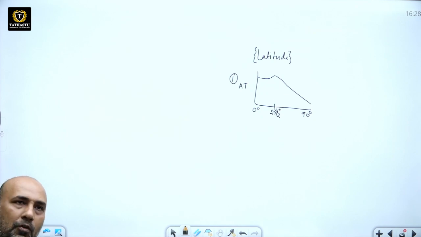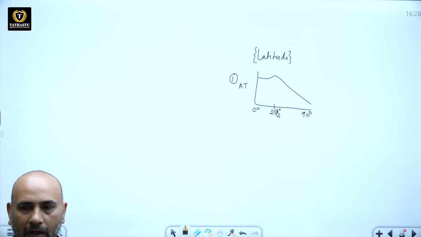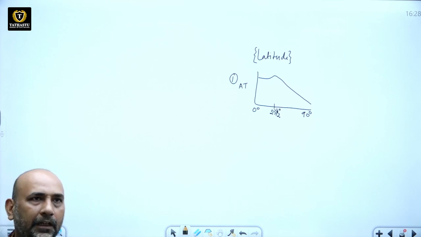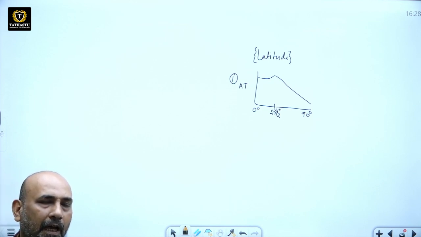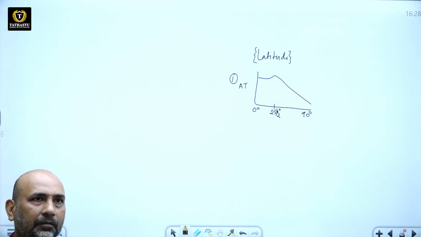That is why if you go to the highlands like Simla and all that, as soon as sun sets, night appears, there is massive drop in atmospheric and surface temperature within 1 hour. Okay, now what is third factor? It is clear to you people? Latitude and altitude we have covered.